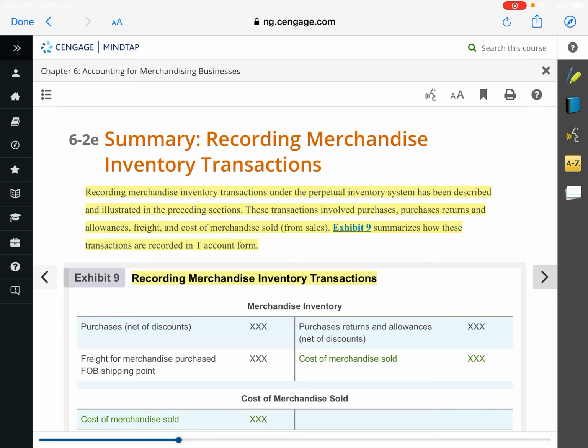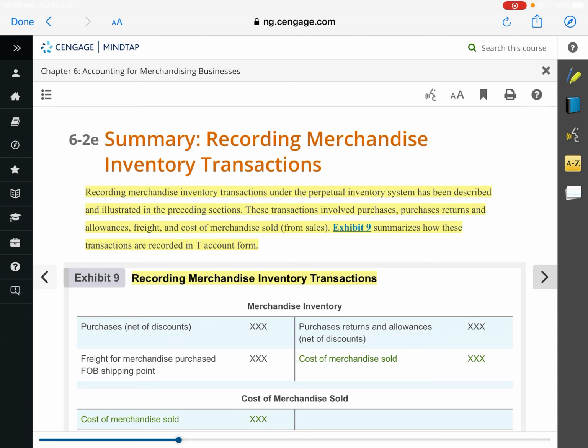Okay? So, for merchandise inventory, what would increase the balance of merchandise inventory? We made a purchase. So first of all, what type of account is merchandise inventory? It's an asset, right? We use it in our business, so it's something that we own. So merchandise inventory is an asset. So what would increase that asset? Purchases. And then we said we're always going to take the discount, so it's net of the discount.